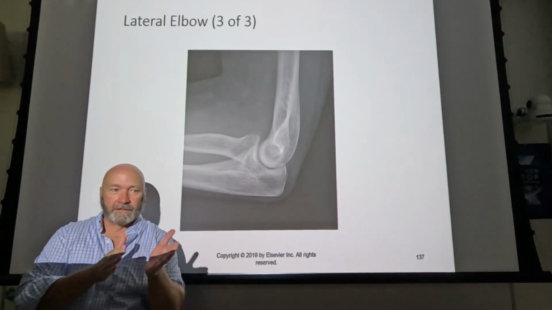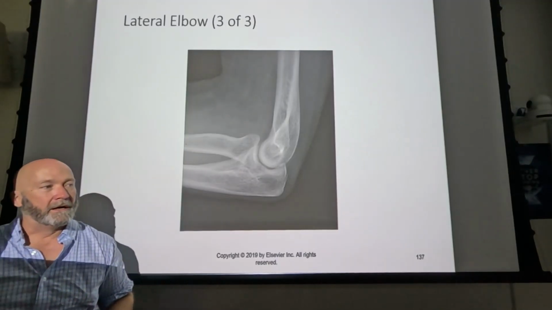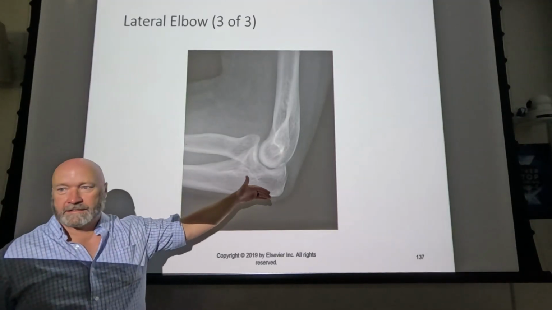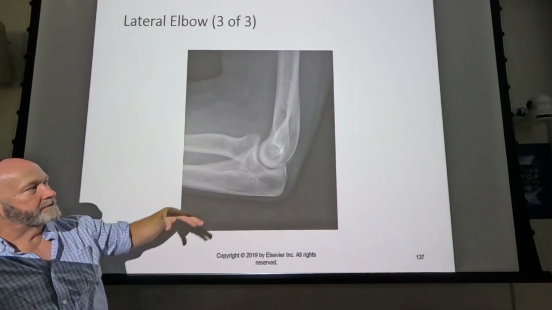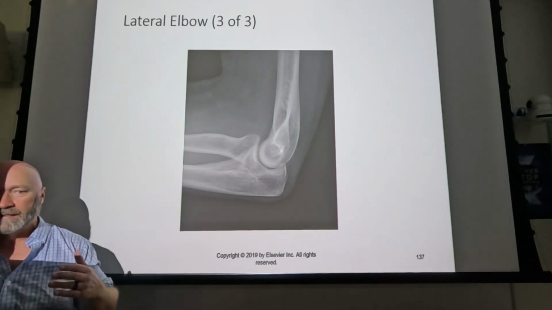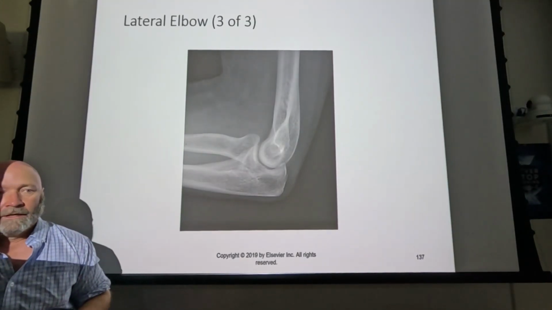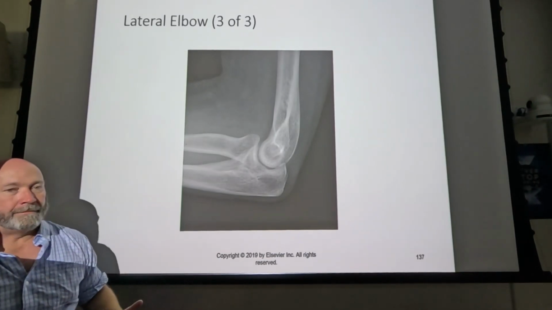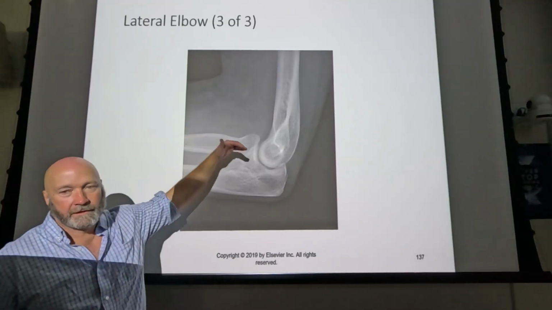So you've got muscle, ligament, and then fat in between them. In thin anatomy, you can see the difference. If you've ever seen an elbow or a hand or a wrist, you can see different levels of density in the soft tissue. In fat pads, what they should look like is they should follow the contour of the bone.